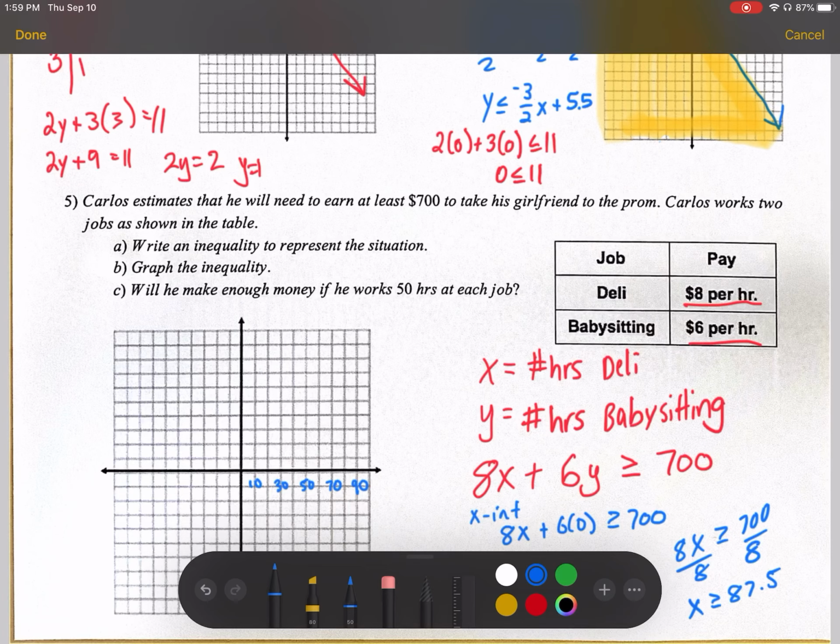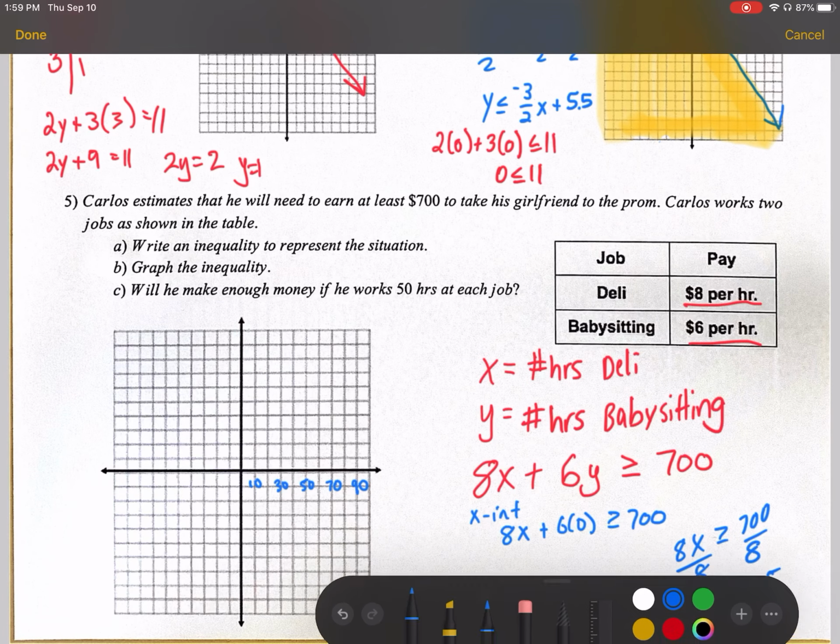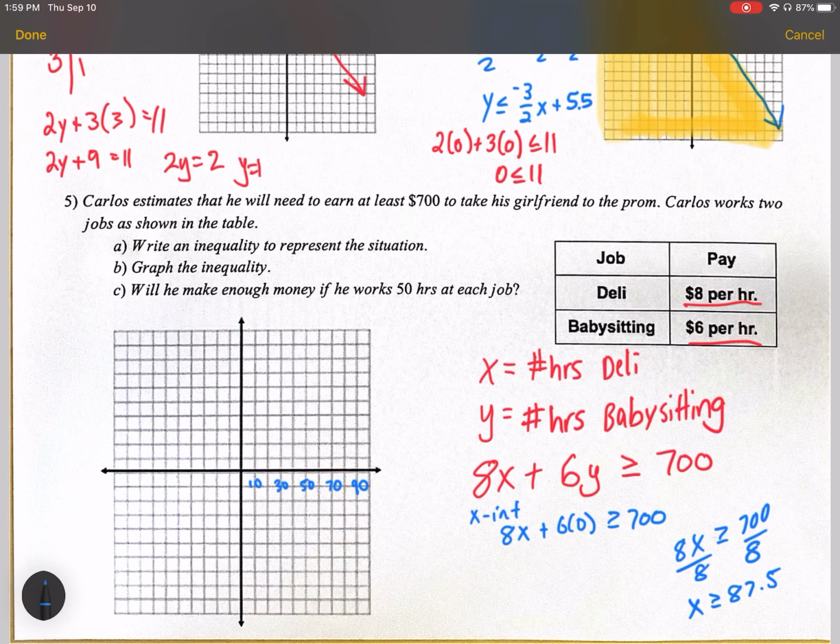If we're going by tens, if we have an x-intercept of 87.5, then we could say that this is 10, 20, 30, 40, 50, 60, 70, 80. 85 would be in the middle. 87.5 would be somewhere close to 90.